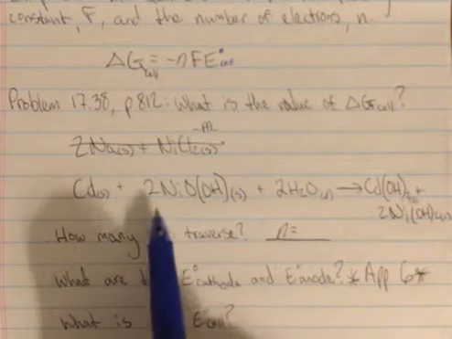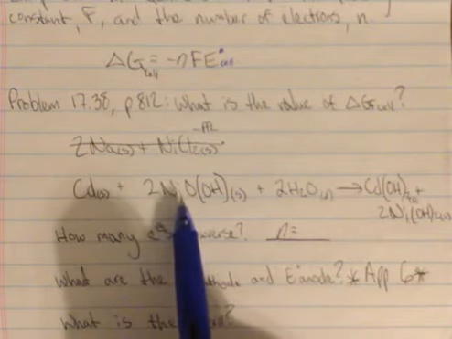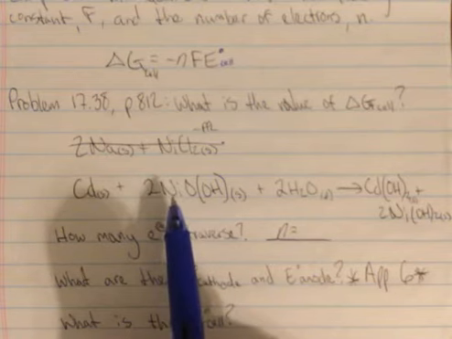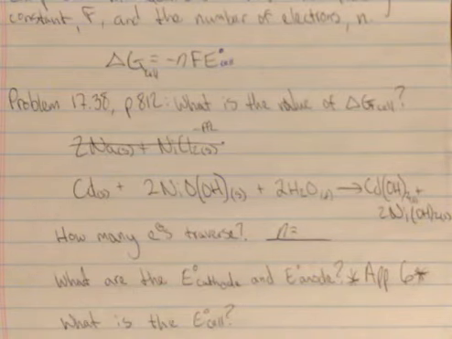I would take a good look at what you're seeing in Appendix 6 at the back and see if you have any different E standard cell or standard reduction potential values. What I'm getting at is be sure that you're picking up the correct one.